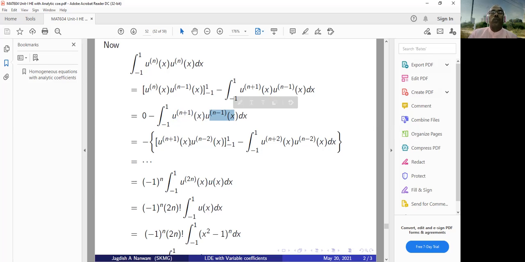So first function into the integral of the second. The integral of this function is the n minus second derivative of u, put upper and lower limits here, minus the integral. Take the derivative of the first function, it is the n plus 1th derivative of u. Again if you take its derivative, that will be the n plus second derivative of u, and take the integral of the n minus 1th derivative of u, which is the n minus second derivative of u. Again put upper and lower limits. So here you will see that this term is 0 as in the previous step, and we have this integral.